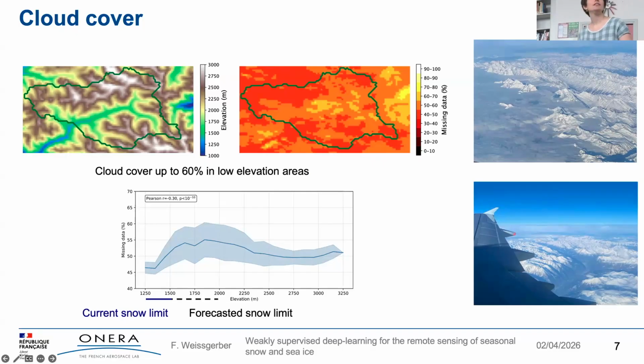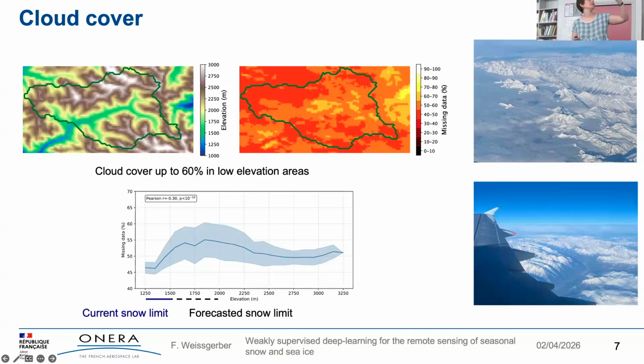And the problem with that, so here also another image, the contrast is not very good, but basically there is generally a snow line. So you have no snow below an altitude and you have snow above this altitude. And the problem is that the current snow limit is approximately here, so between 1,250 meters and 1,050 meters.